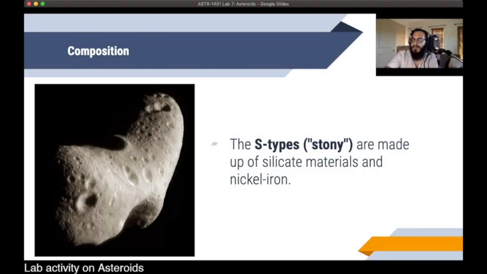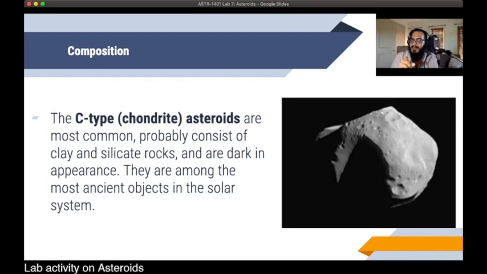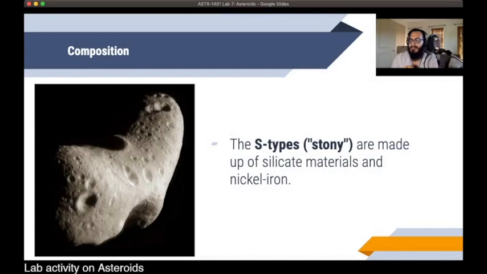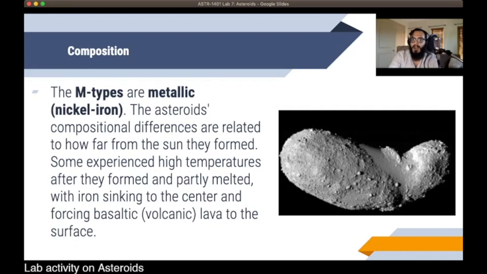So C type, common. Then the S type are for the silicate materials. So S type, and now it's your turn to say it, silicate. And the M type are metallic. All right, so C type is most common, S type is silicate materials, and the M types are metallic.